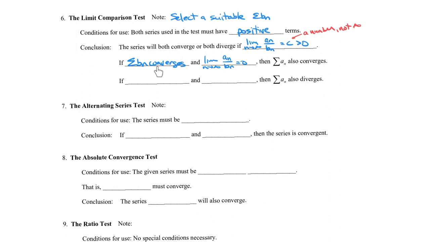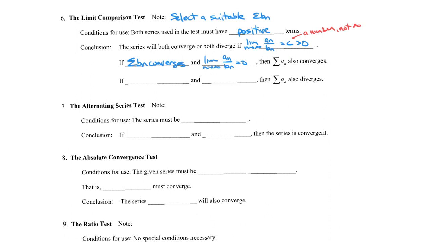This one makes sense if you think about it, because this series converges, but this fraction is so dominated by the denominator that the limit is 0. So a sub n is going to have to be smaller than b sub n, and since b sub n converges, a sub n has to converge also.